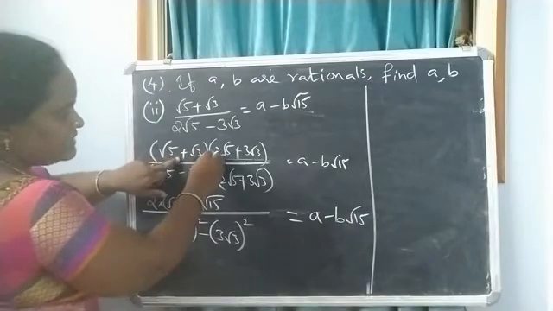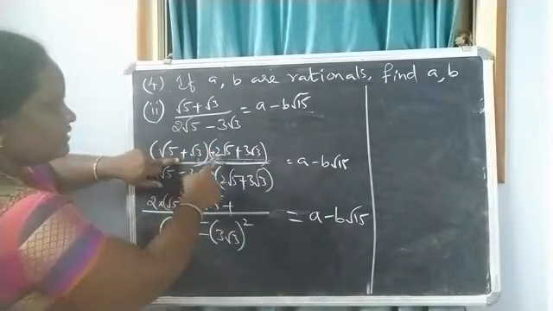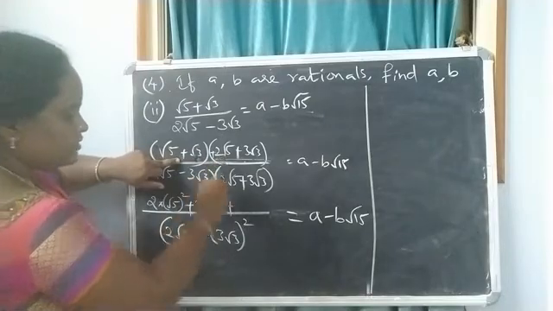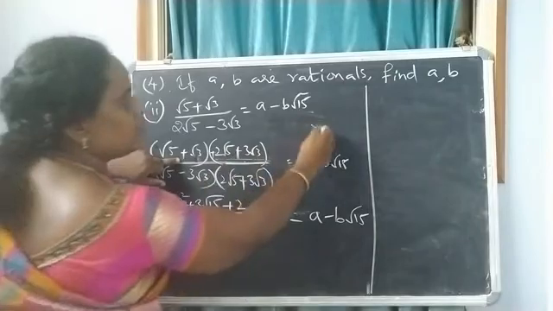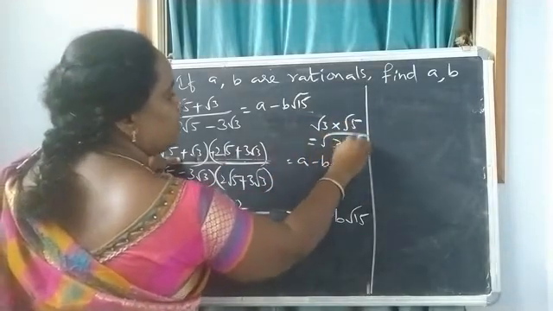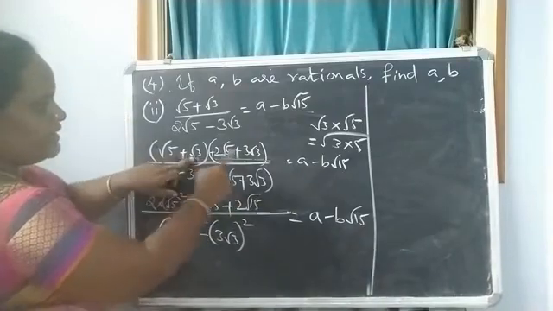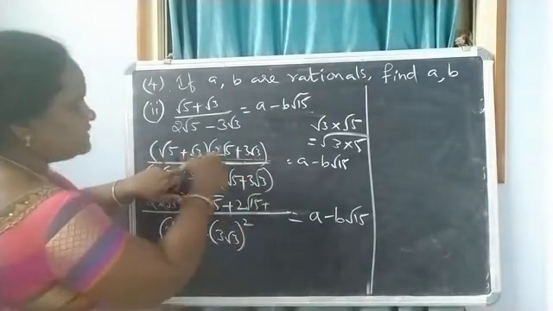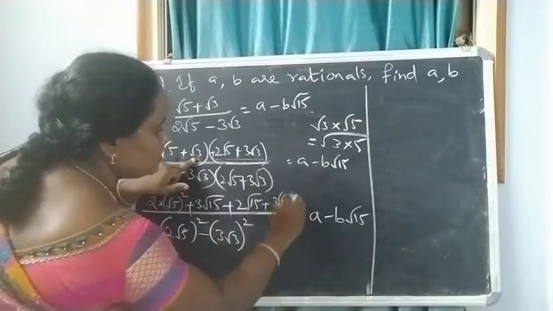But what is the sign here? No sign, plus. So, plus into plus, root 3 into 2 root 5. So, 2 is the rational, first write down. Root 3 into root 5, that is root of 3 into 5. How much is that? Root 15. Next, root 3 into 3 root 3, that is plus into plus, root 3 into root 3, that is 3 into root 3 whole square.